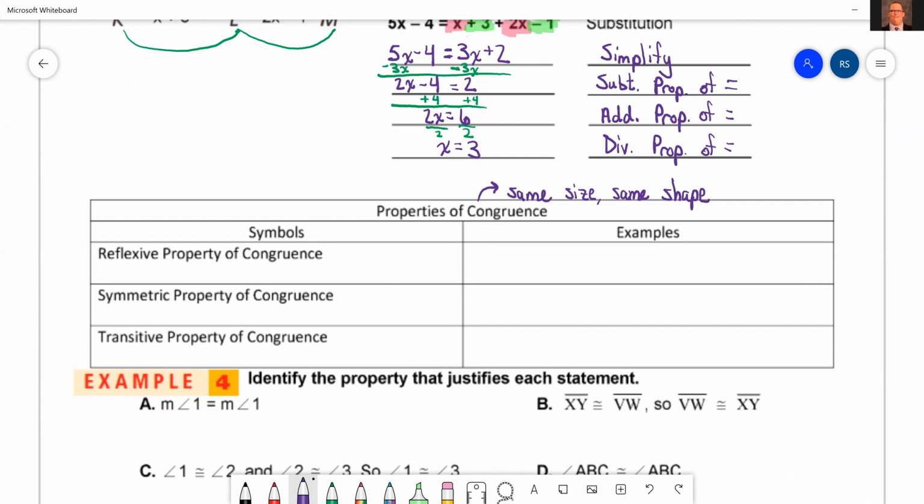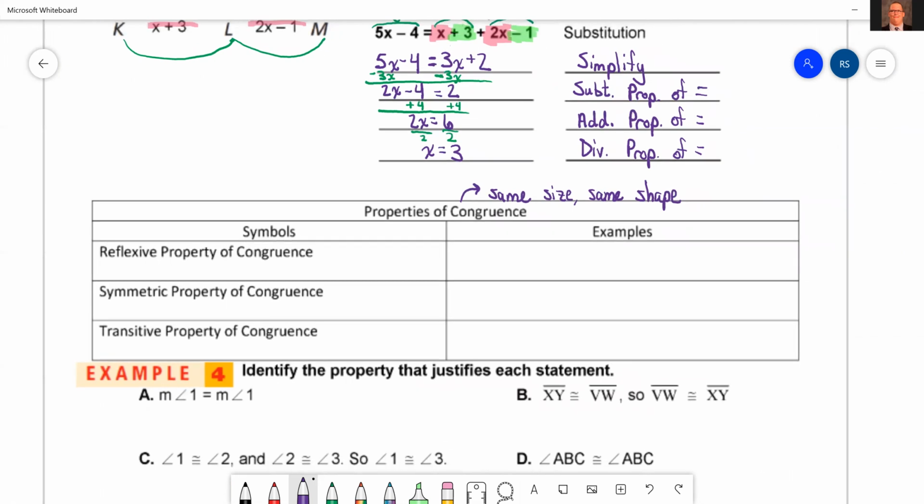Now, the congruent symbol is this equal sign with a little squiggly above it. It's called a tilde. So an equal sign with a tilde above it. That means congruent.